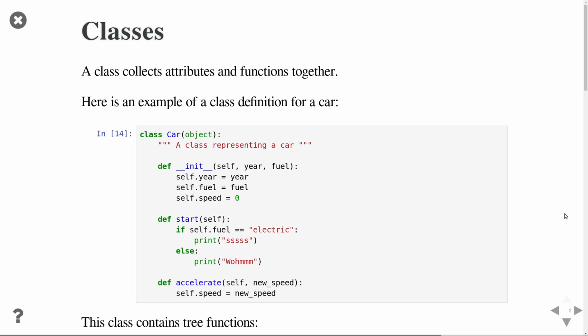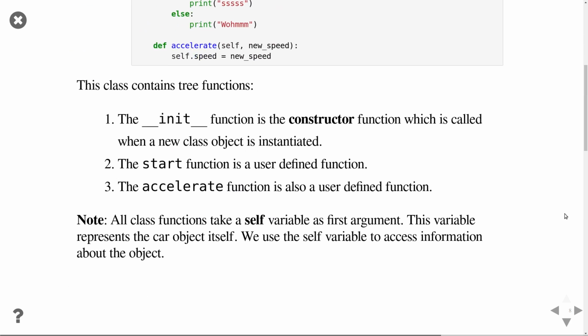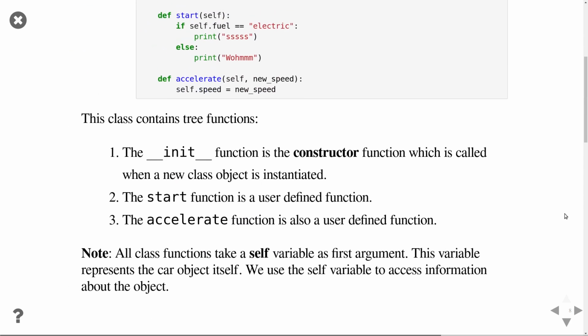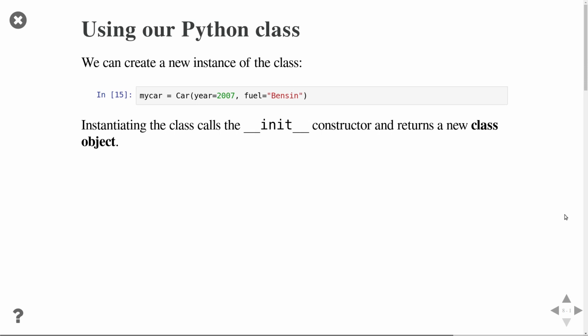Okay, let's see how that works. Let's create a new car. My car equals Car, so that's the class name, and then I can provide the attributes of the car. I say year equals 2007 and fuel equals benzene.